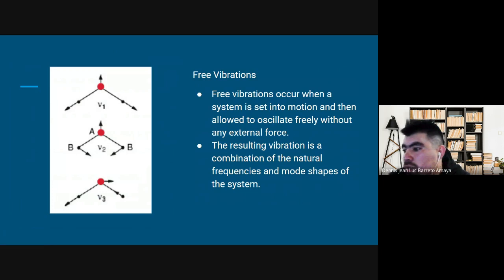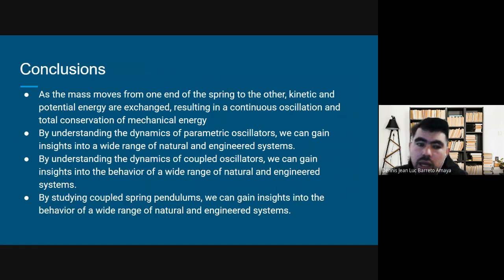The resulting vibration is a combination of the natural frequencies and the mode shapes of the system. As the mass moves on the spring, kinetic and potential energy are exchanged, resulting in continuous oscillation and total conservation of mechanical energy.